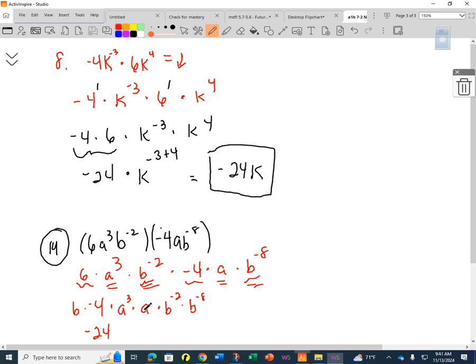What's the exponent on this a here if we don't see it? 1, right? So this is going to be -24a raised to the 3 plus 1 power, b raised to the -2 plus -8 power. Is everybody following me?